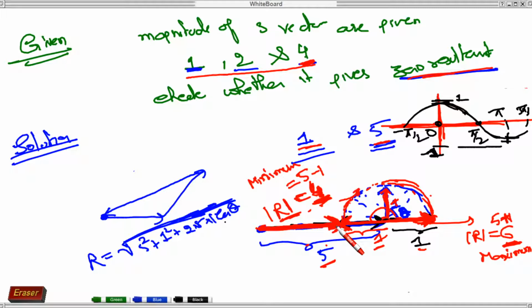Got it or not? I will repeat it again. We are given three vectors, so we took only these two vectors, sorry, 1, 2 and 4.